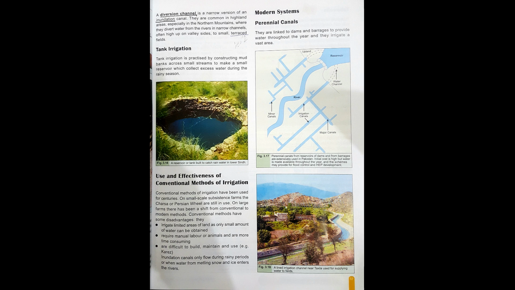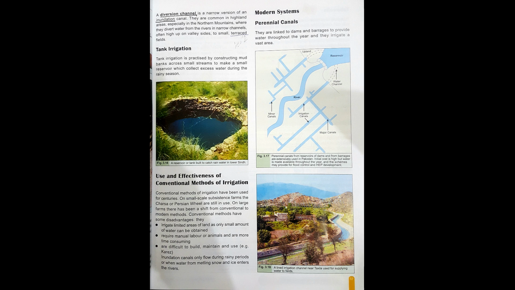On the large farms, there has been a shift from conventional to modern methods. Conventional methods have some disadvantages. They irrigate limited areas of land as only a small amount of water can be obtained. They require manual labor or animals and are more time consuming.